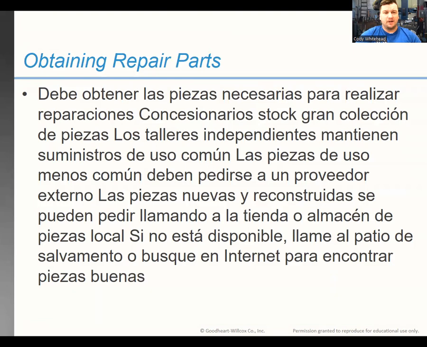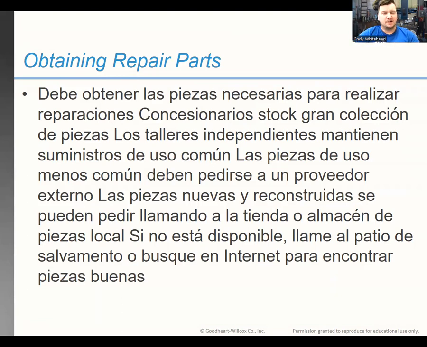So, obtaining repair parts. You must obtain necessary parts to make repairs. Dealerships stock a large collection of parts. Independent shops keep commonly used supplies. Less commonly used parts must be ordered from outside suppliers. So that's like Advance Auto Parts, O'Reilly's, NAPA, places like that.